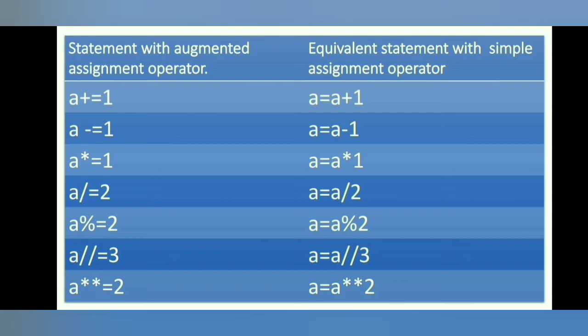A /= 2 can be written as A = A / 2. A %= 2 can be written as A = A % 2. A //= 3 can be written as A = A // 3. A **= 2 can be written as A = A ** 2.